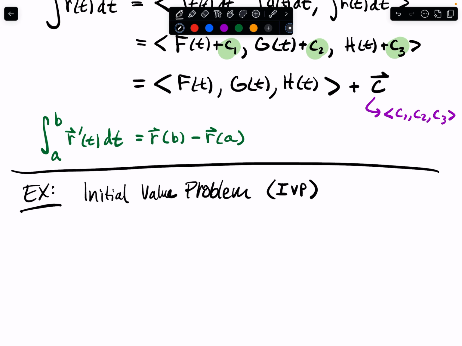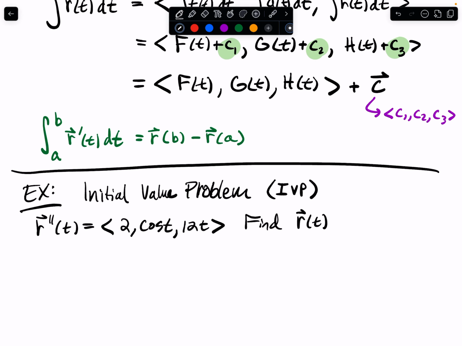Okay. And they're going to give you information. So here I'm going to give you the second derivative is 2, cosine t, 12t. Okay. And I want to find r of t when the following is true.